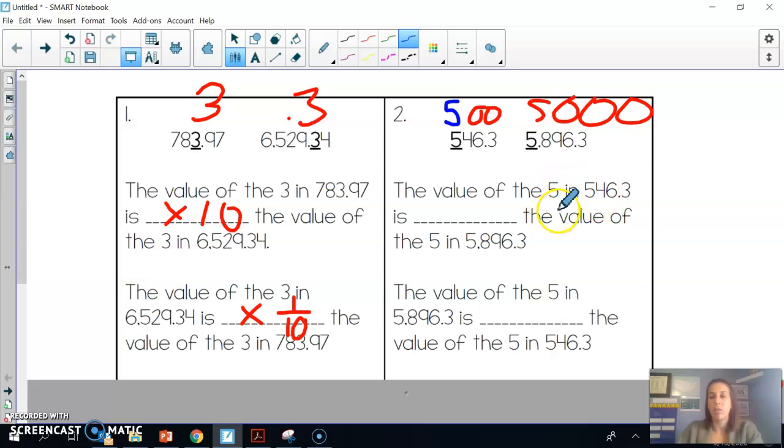The 5 in 500 is smaller than the 5 in 5,000, so it's going to be less than, which means it's going to be 1/10 of the value of the 5 in 5,000. The 5 in 500 is 1/10 of the 5 in 5,000. That's because it's less. It's 1/10. I could divide 5,000 by 10 and I could get 500. We're moving to the right on the place value chart.